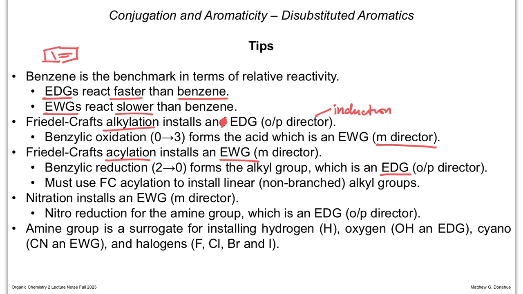And then depending on the nature of the side chain, if it's linear, then we need to use the acylation reduction. If it's branching at the benzylic position, then it's coming from an alkylation.